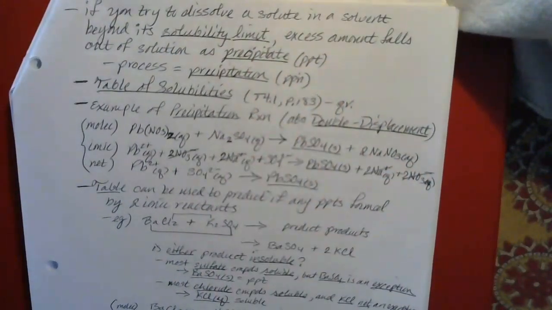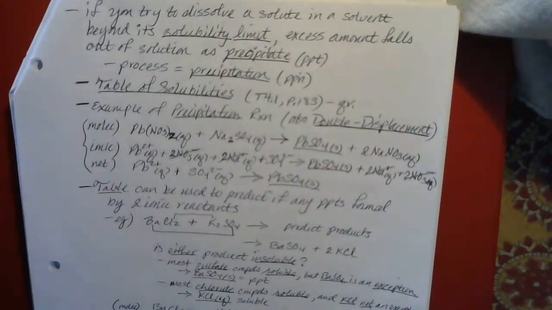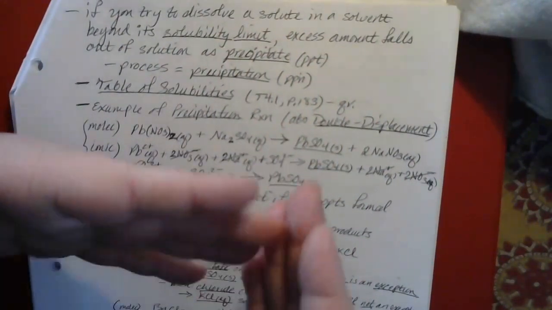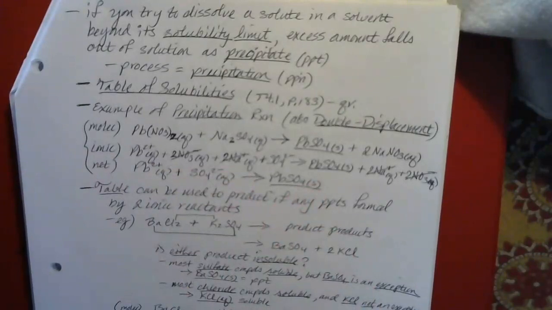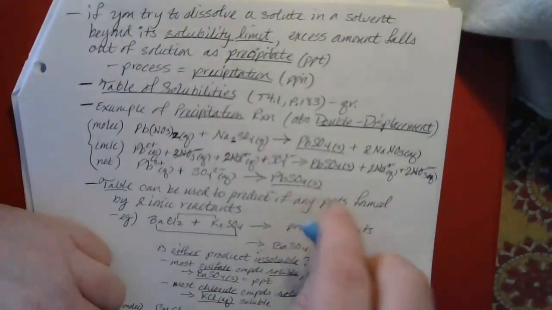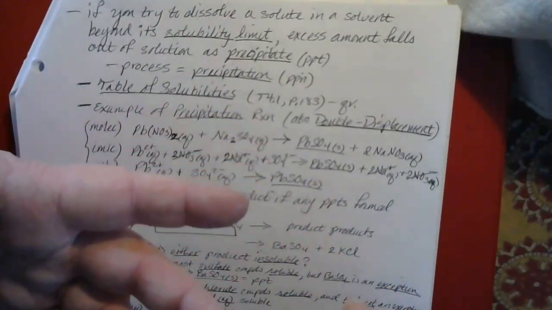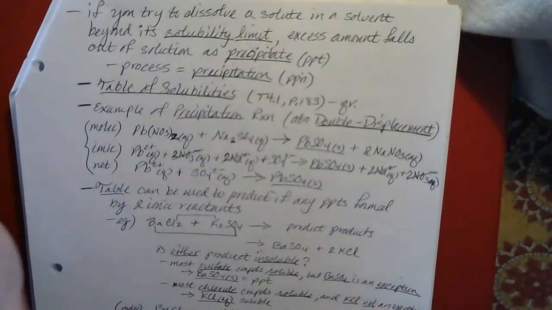Just about every substance that's soluble in water has a limit of solubility. So even though salt, sodium chloride, is really soluble in water, there is a limit to how much sodium chloride you can dissolve in water. That limit varies a little bit with temperature, but even changing the temperature doesn't change the solubility very much.